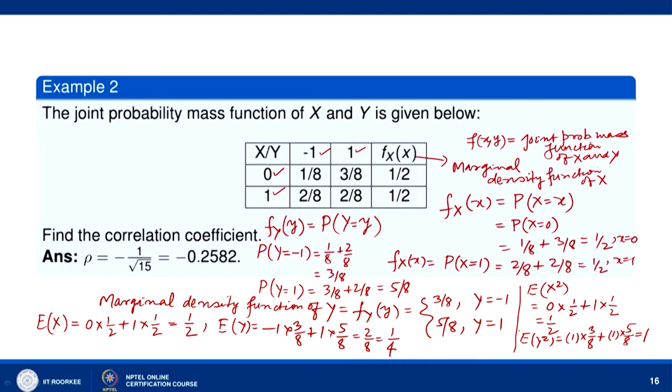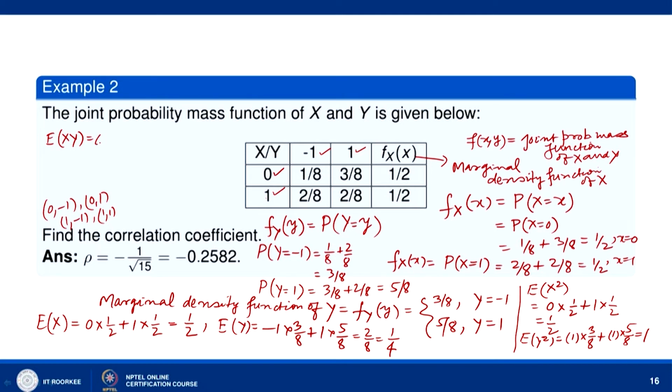Now, let us find the expectation of x y. X and y take the values x equal to 0, y equal to minus 1; then 0 and 1; then x equal to 1, y equal to minus 1; and x equal to 1, y equal to 1. So the expected value of x y is obtained by multiplying the values of x and y with the joint probability mass function of x y.